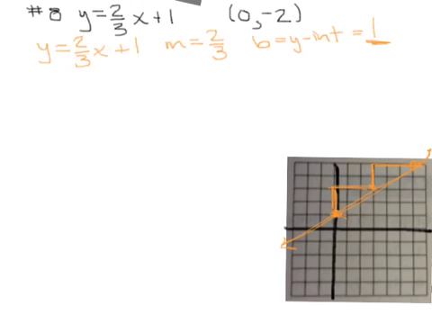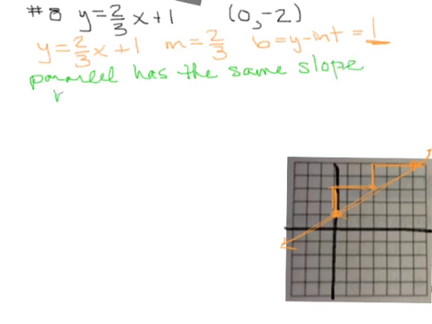Now let's do the parallel one. If it's parallel, we know it has the same slope. Therefore, its m is also 2/3. And my y-intercept this time is going to be the point 0, -2.